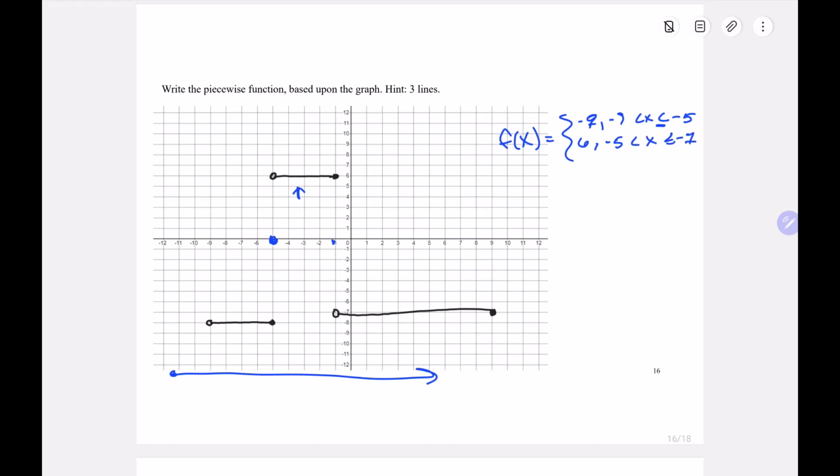And then if we look at our final section, we're going from -1 not including, all the way over to 9 including. So -1 is less than x is less than or equal to 9. And that would be our piecewise function for this given graph.